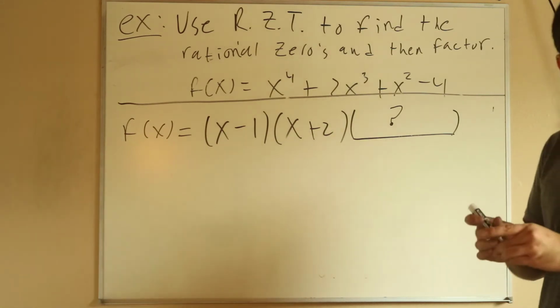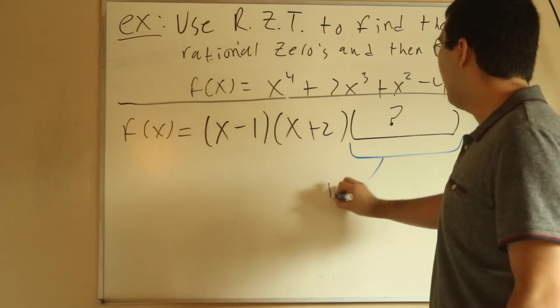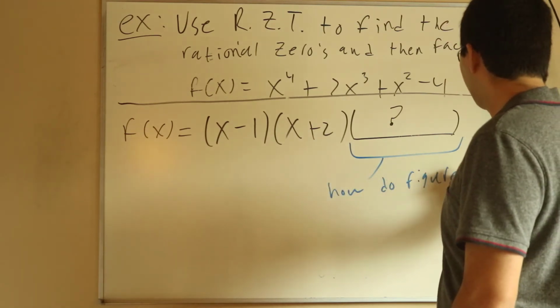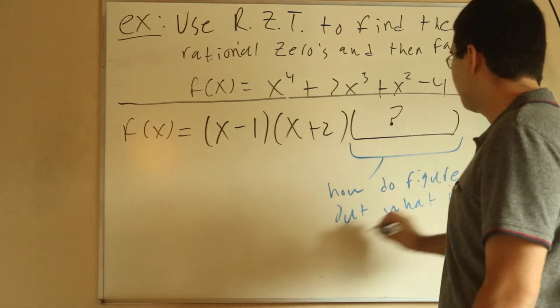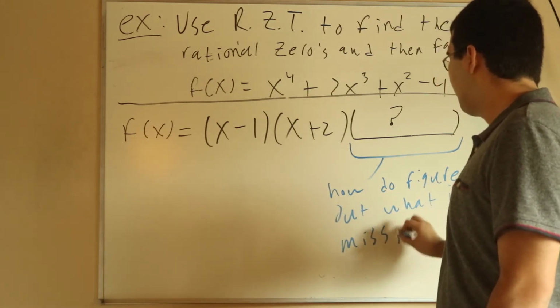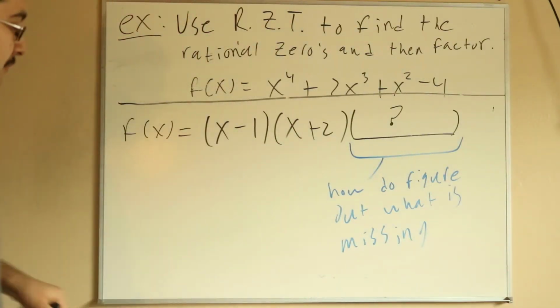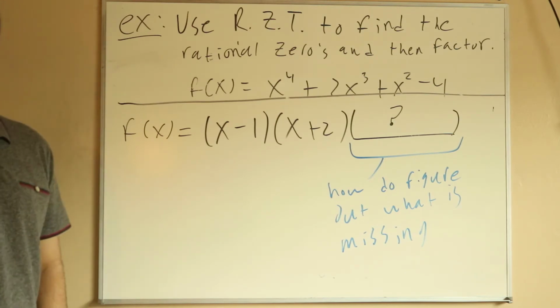So the question then to ask is, how do you determine this? How do I figure out what is missing? And the answer to that question is we use long division.